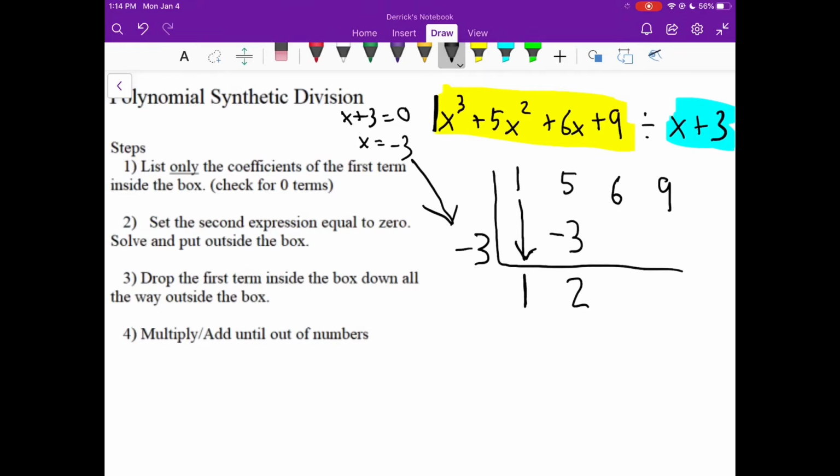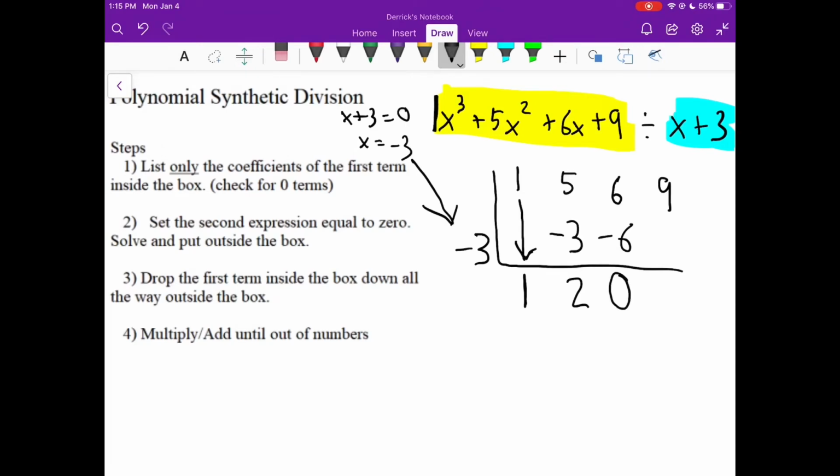5 minus 3 effectively. Now that we've written another number outside the box, we have to multiply that back to the side. So we take 2 times -3, the multiplication part. 2 times -3 is -6, so we write that here, and we rotate back to addition. It's multiply to the side, add, multiply, add, multiply, add, back and forth till we're done. 6 plus -6, adding down through this column, or 6 minus 6, is 0.